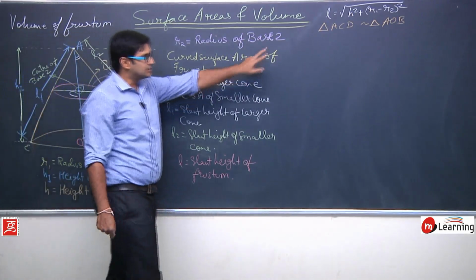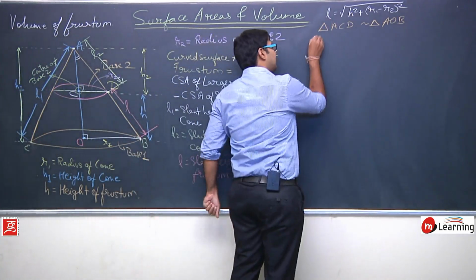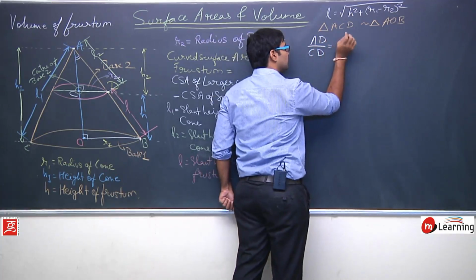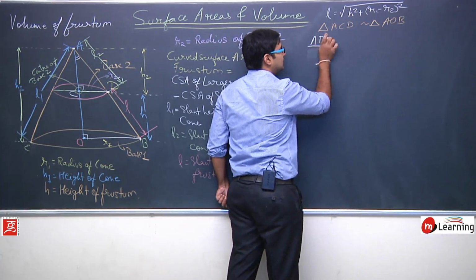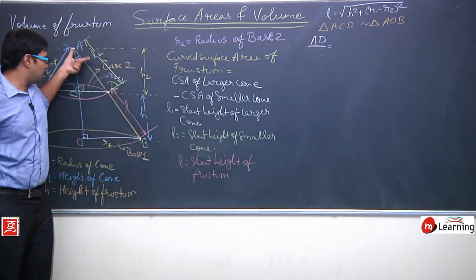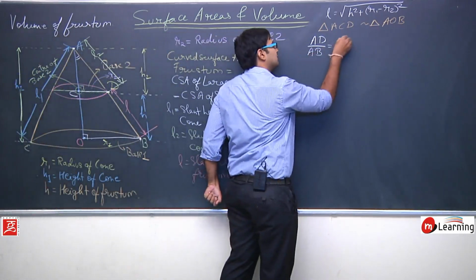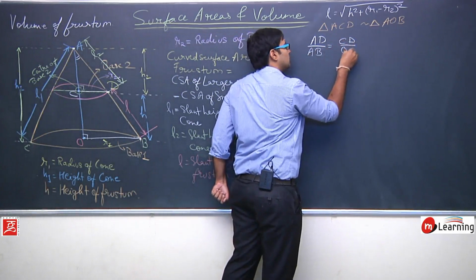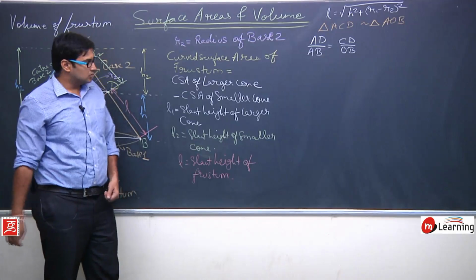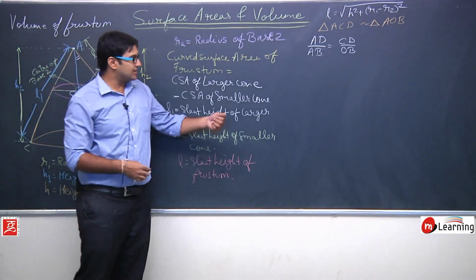Here since these two triangles are similar, we have proved this previously, I can write AD upon AB is equals to CD upon OB. I can write the ratio of corresponding sides as equal. So AD upon AB is equals to CD upon OB. Now what is AD?